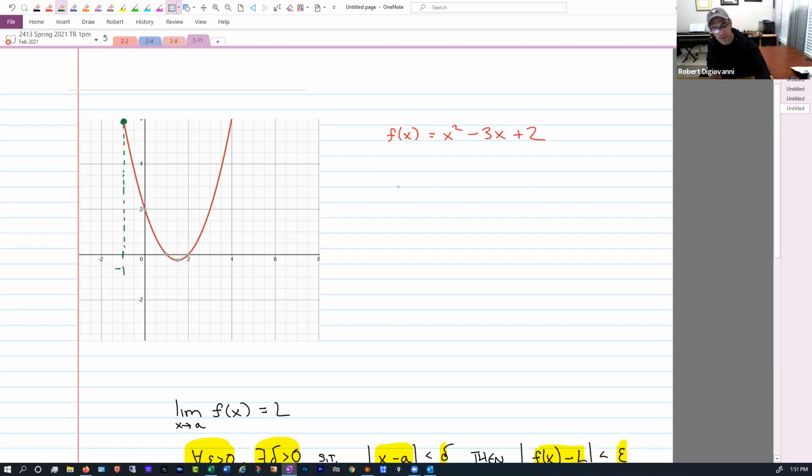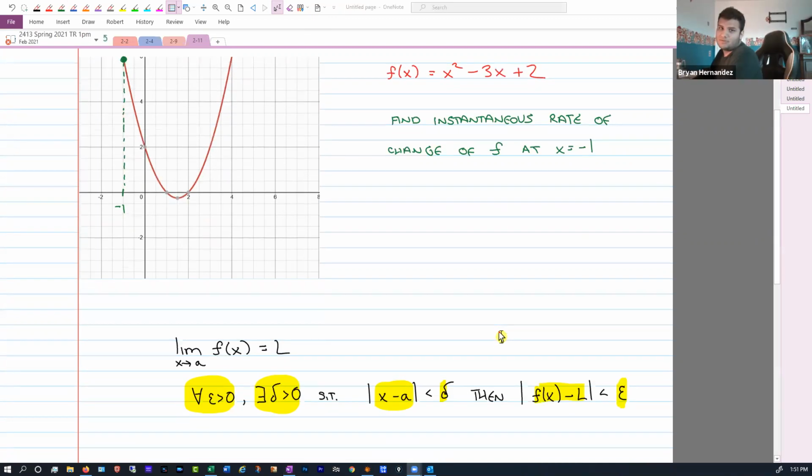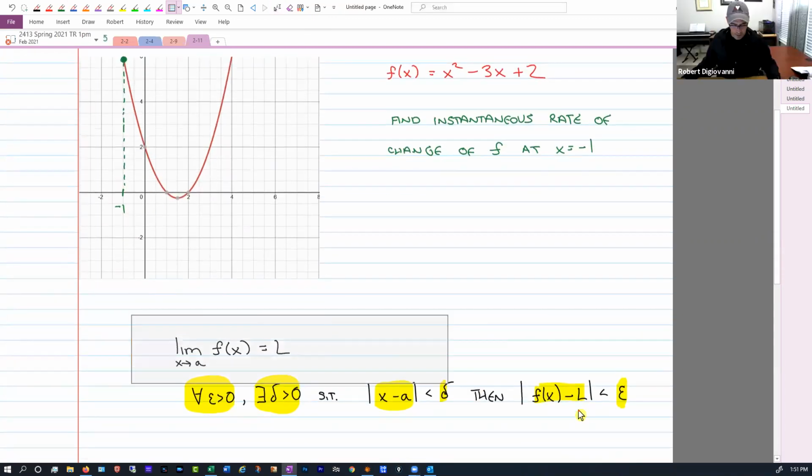So the question is, find not the average rate of change, the instantaneous rate of change of f at x equals -1. Okay. I'll erase this since this is not necessary.